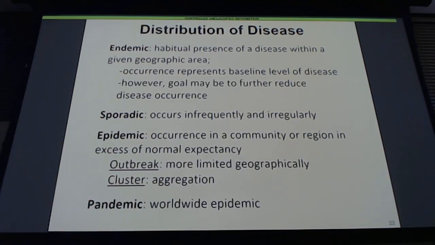Generally, it will occur within an endemic area, but in some cases, like we'll say Lyme, Connecticut, we had a cluster of people with a whole bunch of the same symptoms. So they labeled that cluster as a slight epidemic for Lyme disease when it first happened. Versus an outbreak, which is more limited to geography, in which case the region aspect of it, the epidemic, makes a little bit more sense.